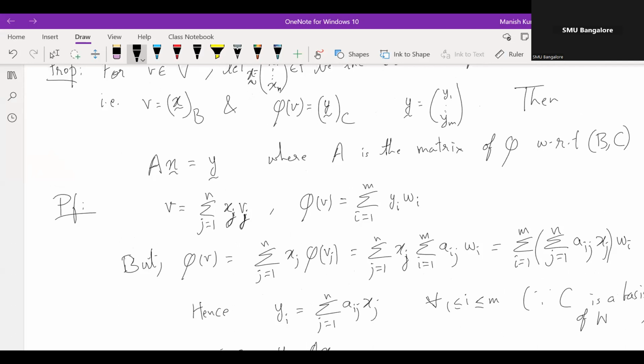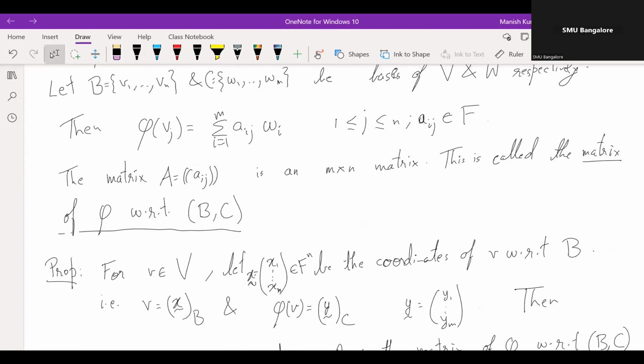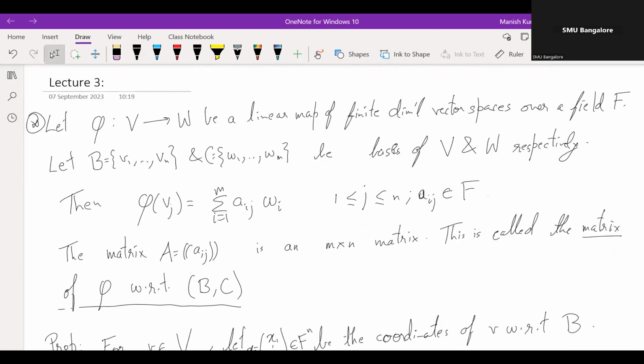I hope you may have seen this in an earlier linear algebra course, but this is how you find the matrix of a linear map, and this is what it means.